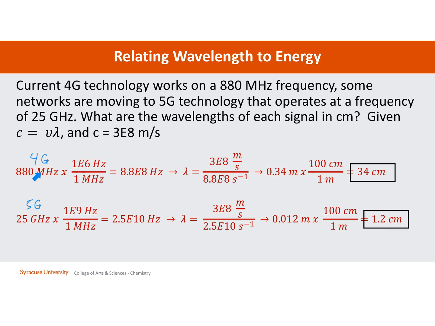So 4G megahertz. In 1 megahertz, there are 1,000,000 hertz, so 1e6 hertz. So I have a frequency of 8.8 e to the 8th hertz. Hertz and inverse seconds are interchangeable, right? So my frequency is also 8.8 e to the 8th inverse seconds.